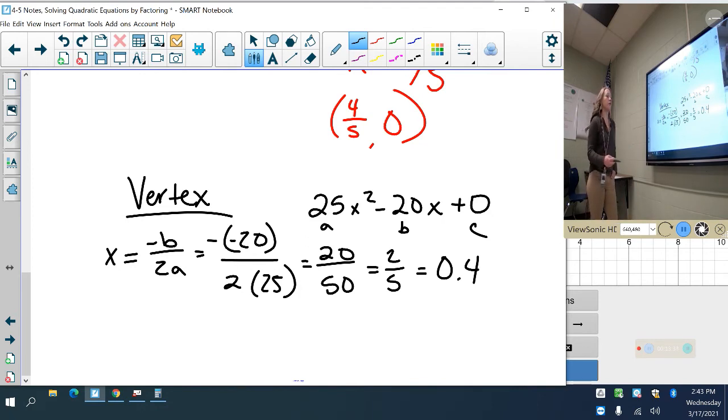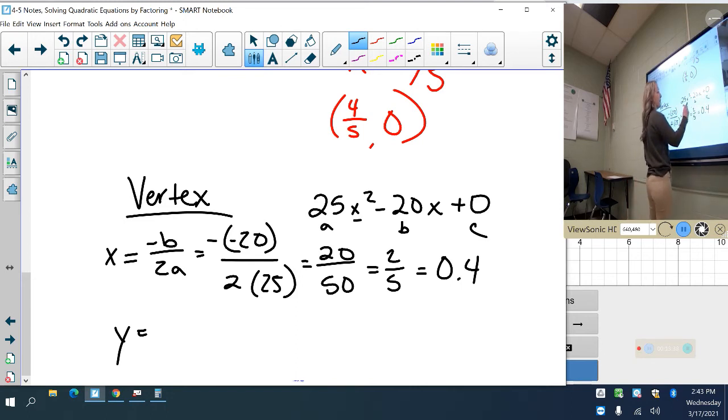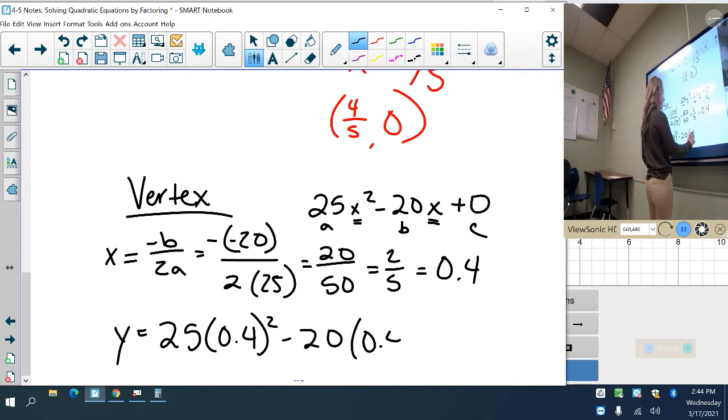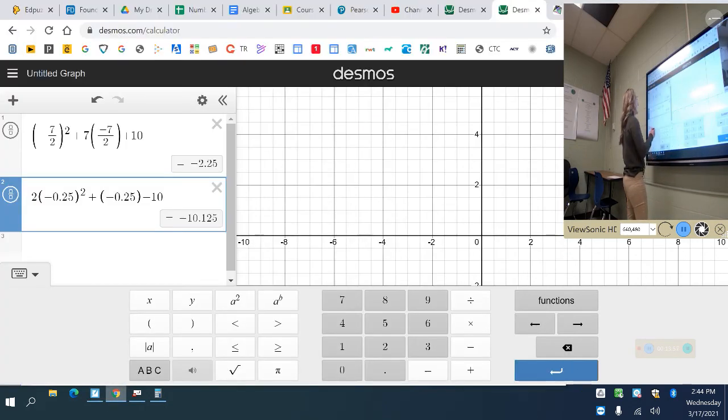That's my x value. To find my y value, I have to take that 0.4 and plug it in and replace the x's. So I have 25 times 0.4 squared. Remember, you can use the fraction or the decimal, it doesn't matter, as long as you're not rounding. Minus 20 times 0.4. Remember that to plug it in.